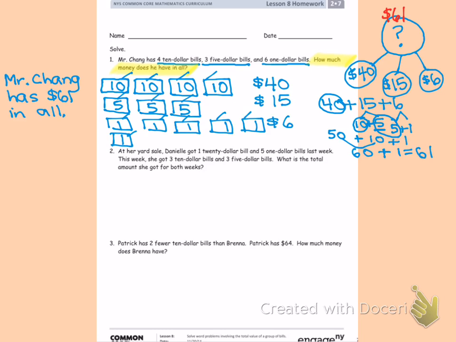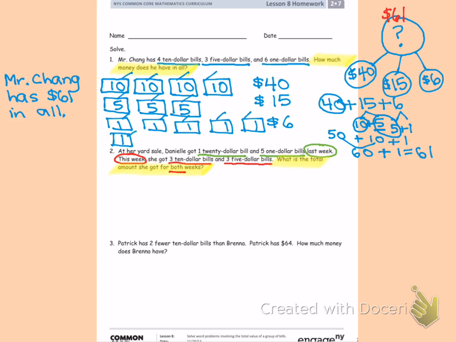Let's go ahead and underline the important details. 1 $20 bill and 5 $1 bills last week. And this week she got 3 $10 bills and 3 $5 bills. The question is, what is the total amount she got for both weeks?